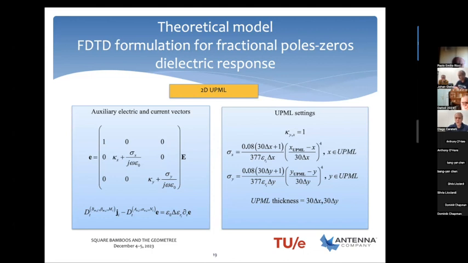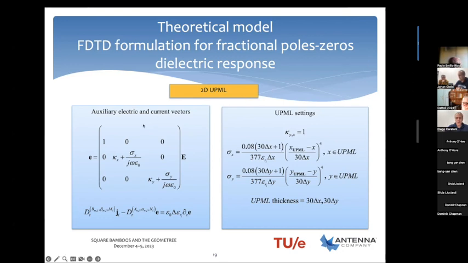So in order to truncate the FDTD grid, we use what is known in the scientific literature as UPML, the uniaxial perfectly matched layer. That is nothing but an ideal absorbing material that is able to suppress electromagnetic wave propagation as electromagnetic fields impinge on it.